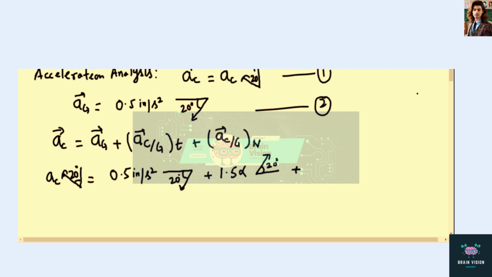Normal is omega square r, 1.5 omega square. Tangential acceleration is alpha into r and normal acceleration is omega square r.